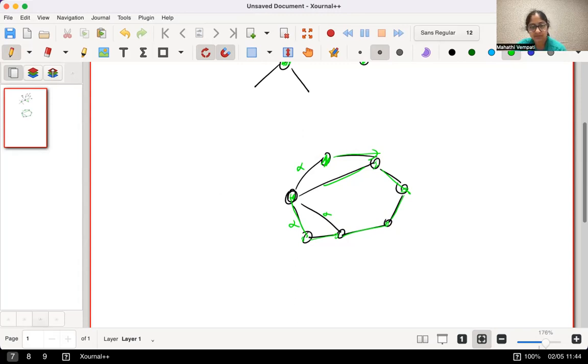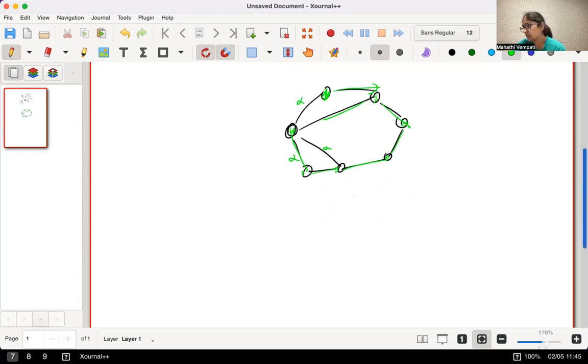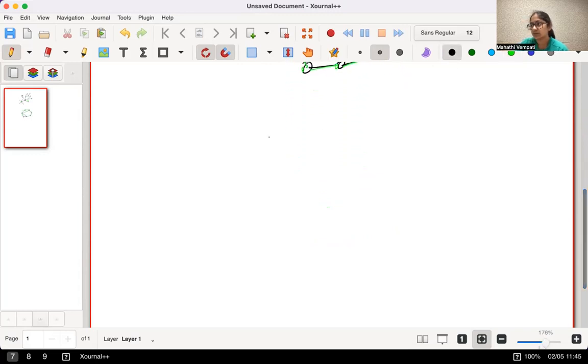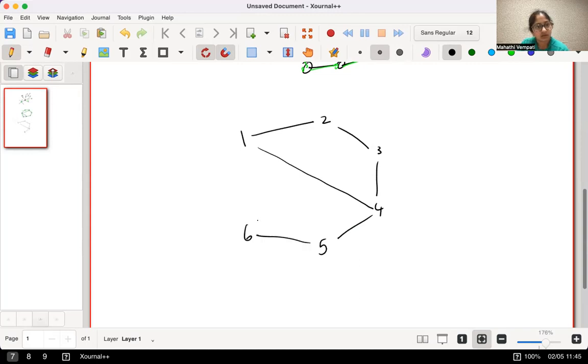Let's do the example. 3, 7, 8. Edges: 1 2, 2 3, 3 4, 4 1, 4 5, 5 6, 6 7, 4 6, 4 2, 6 7.